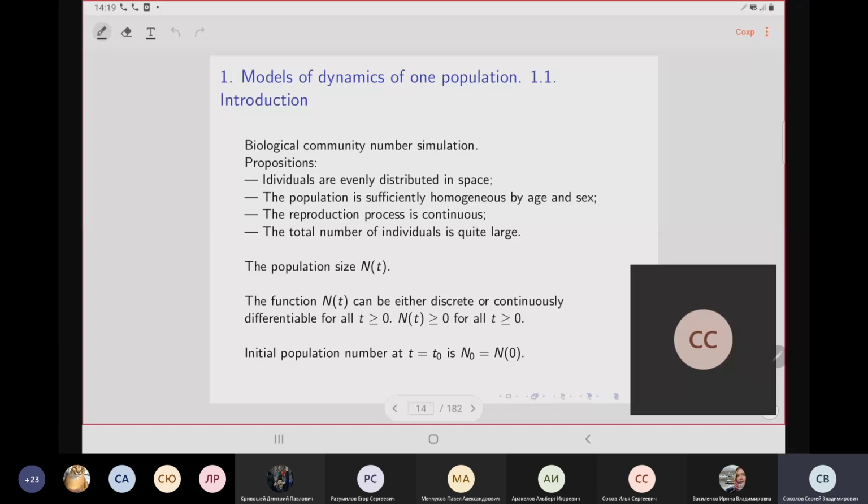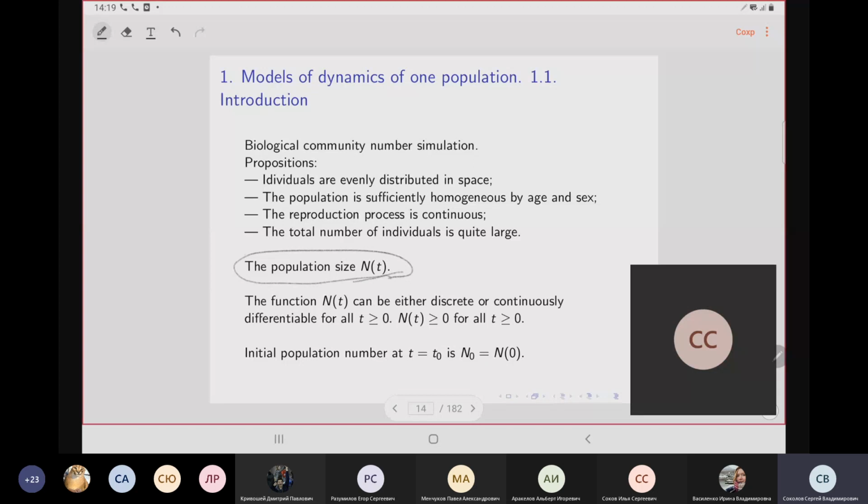So let us denote the population size as N of t, where t is, as usual, our time. So we need some propositions to consider the smooth function N of t. What are these propositions?